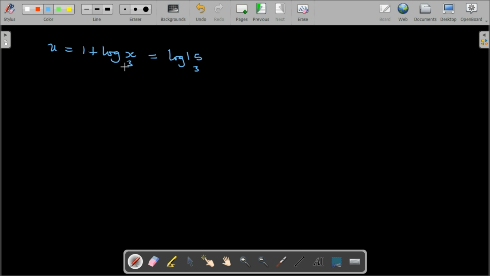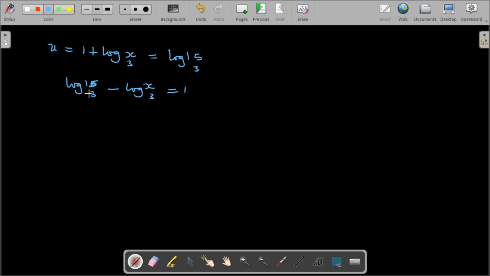We could now bring all the logarithms together, such that we have logarithm of 15 to base 3 minus logarithm of x to base 3 equals 1, right?